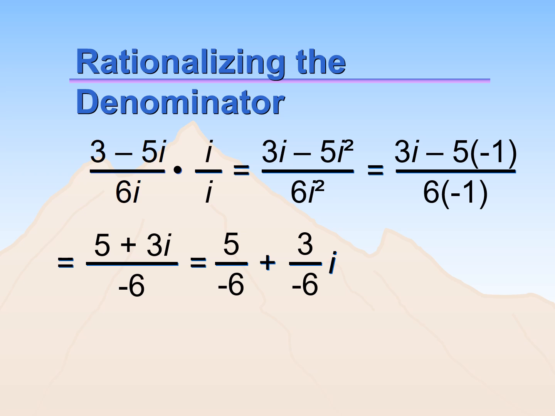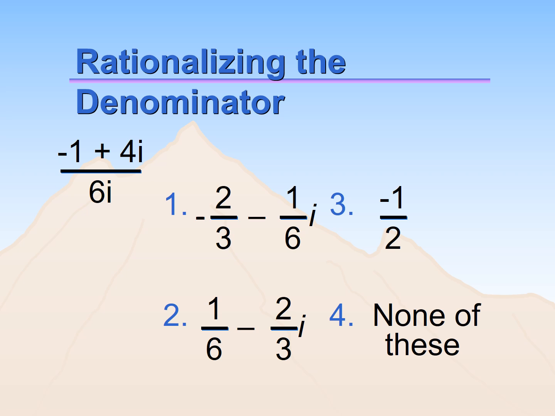Notice that I put the real part without the imaginary number first, and then the imaginary part. Now, 3 over 6 reduces, so my final answer becomes negative 5 over 6 minus, because plus and negative is the same as saying subtract, 1/2 i, because 3 over 6 reduces to 1/2.